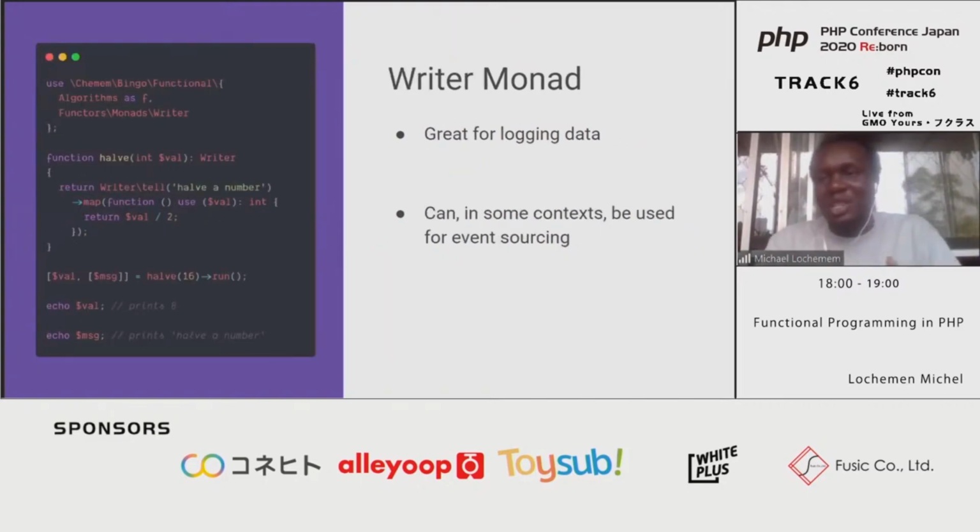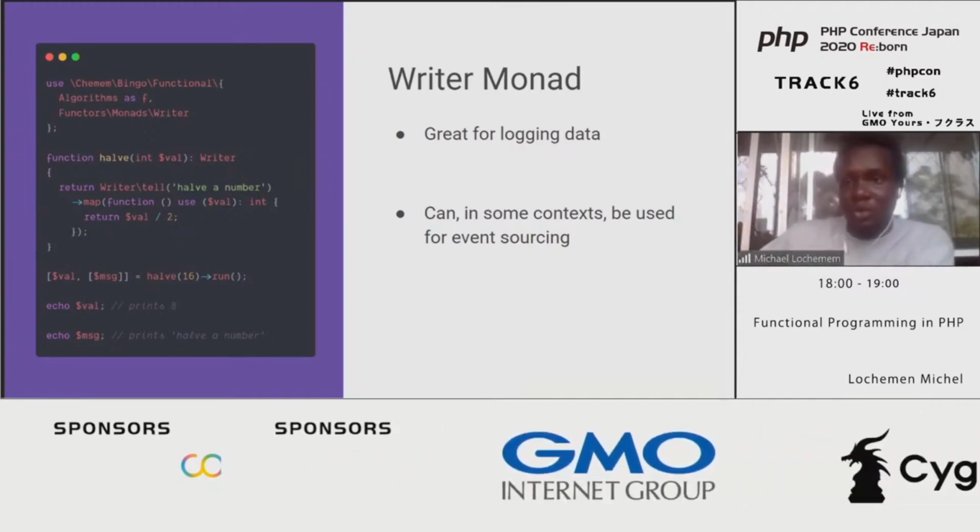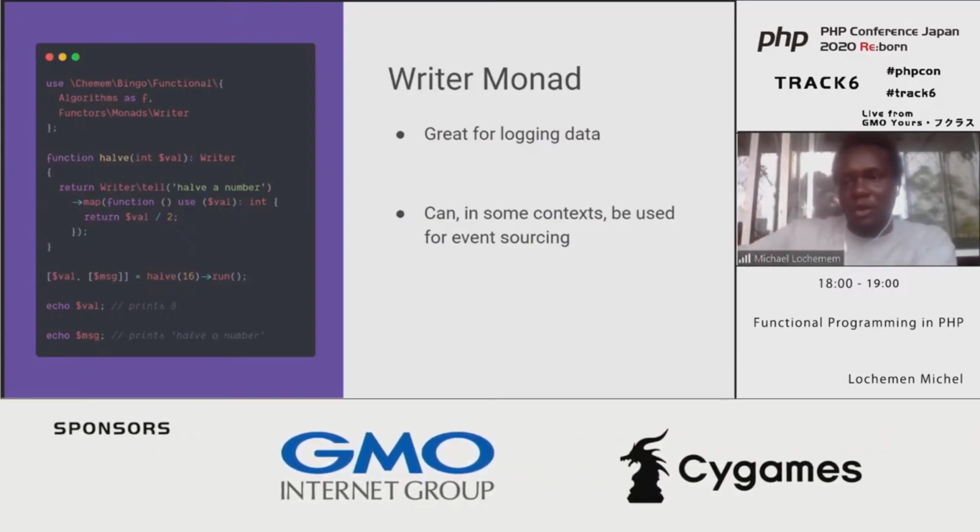And then the writer monad, which is good for logging data. If you've done some event sourcing or something similar, and you want to keep track of changes, every mutation, every transformation rather, with the forward function chaining, you specify that inside of the writer monad.